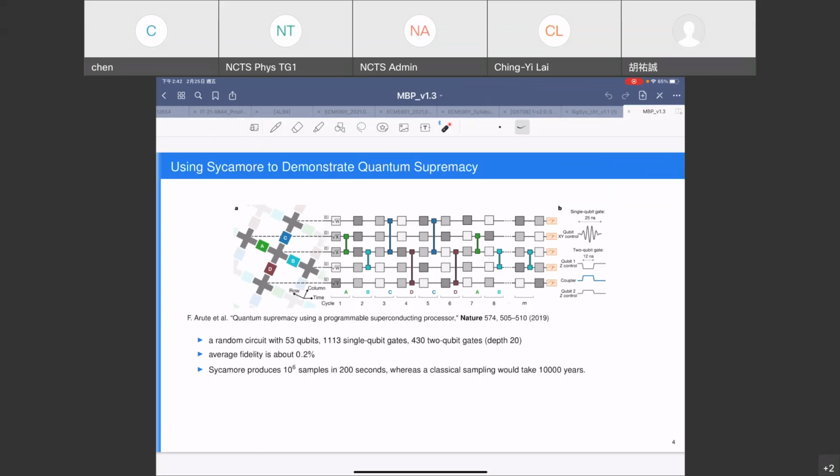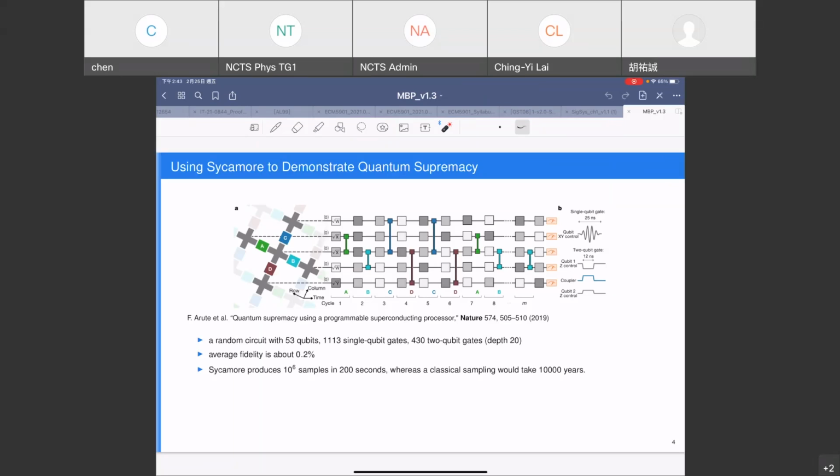In this plot there are 5 qubits, and each box here is a single qubit gate, and this thing here is a 2 qubit gate. They will randomly choose a single qubit gate for each qubit and some 2 qubit gates between each stage of single qubit gates.